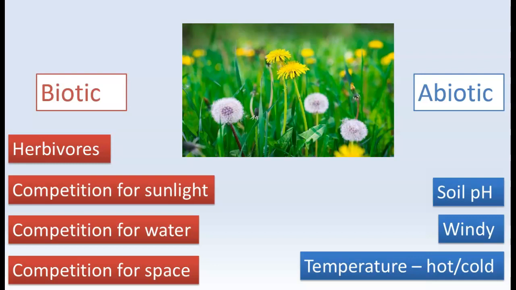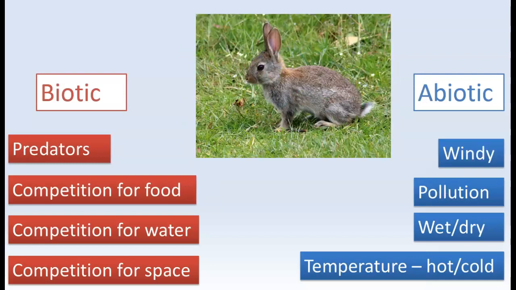If you imagined that you were, in fact, a rabbit, similar types of things. You had predators. Are you going to get eaten by a fox? Are you competing with other animals in your environment, sheep, goats, for instance, who might be eating your food? Are you competing with each other within the rabbit population for food?